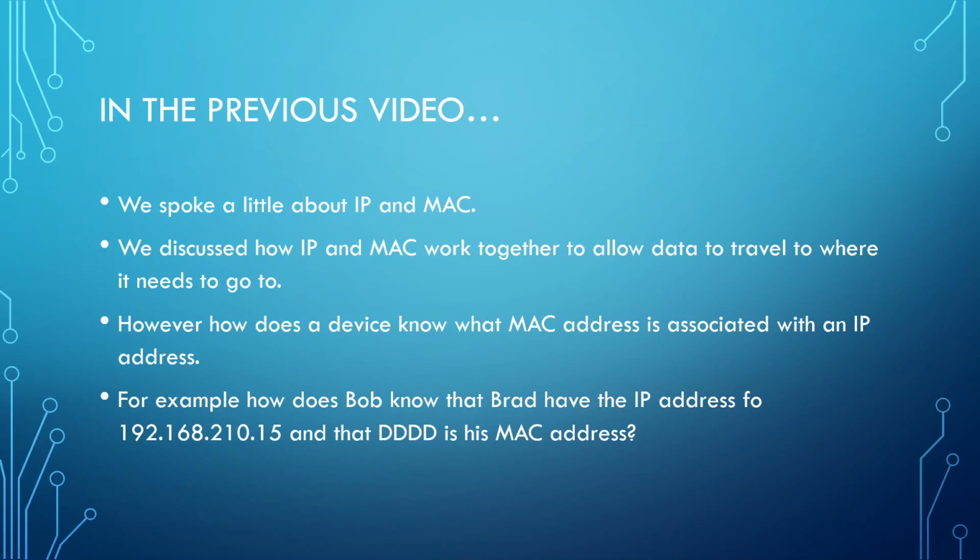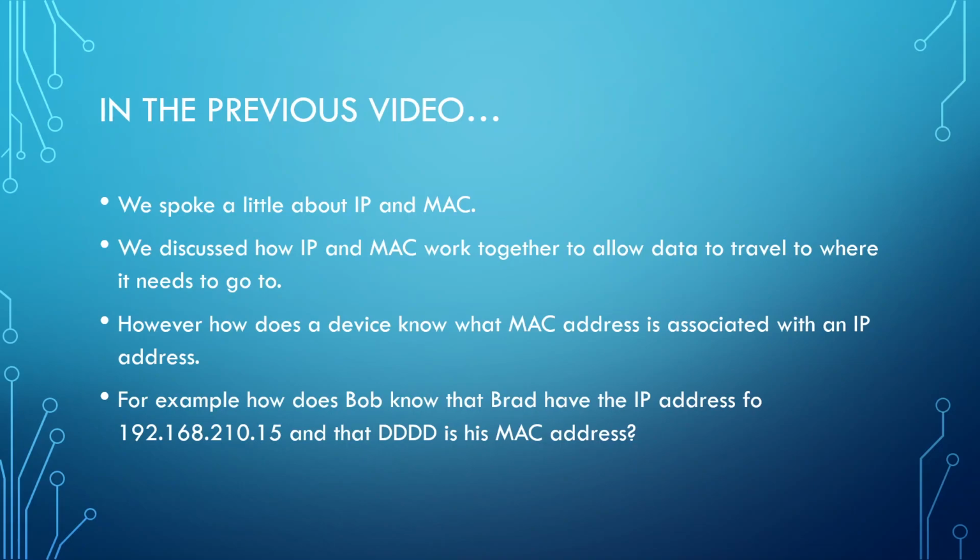Like I mentioned, we discussed how IP and MAC work together to allow data to travel and get to where it needs to go. However, the question you're probably asking is, how does a device know what MAC address is associated with an IP address?